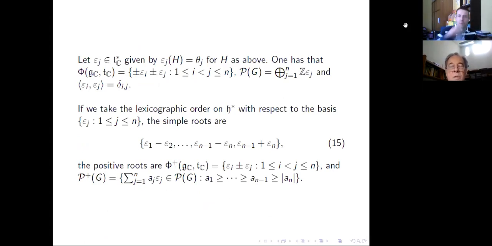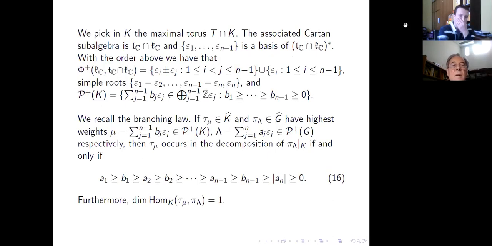Then we have positive roots and the positive weights. In K, we take the maximal torus T intersection K, and then we have a basis for KC intersection GC, and so we have weights for K now.